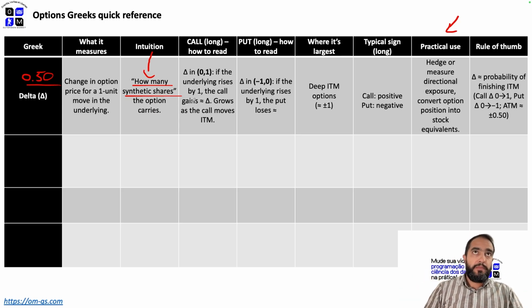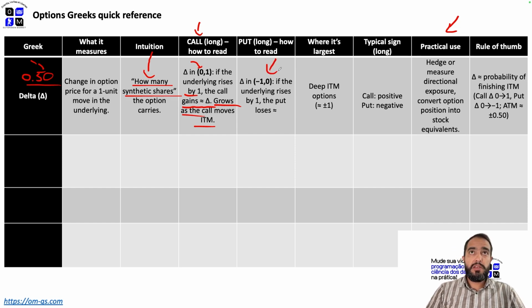For example, for a call option, if you are long on it, for simplification, delta will vary from 0 to 1. If the underlying rises by 1, then the call will gain approximately the delta, as we have seen. And the delta grows as the call moves in the money. It's precisely the opposite when we speak about a put option.